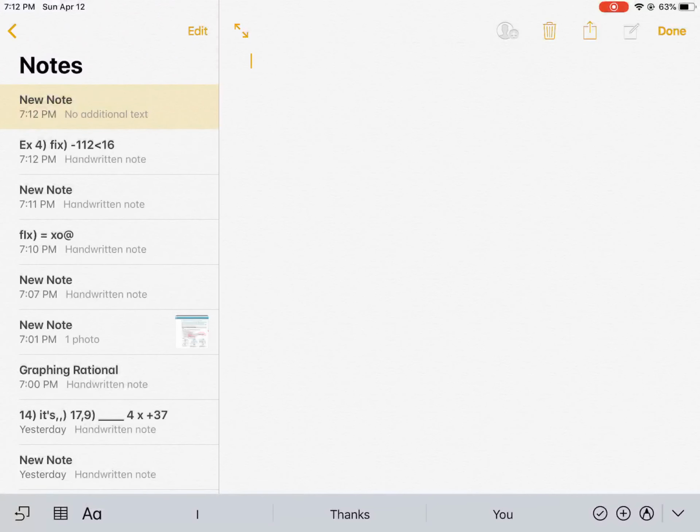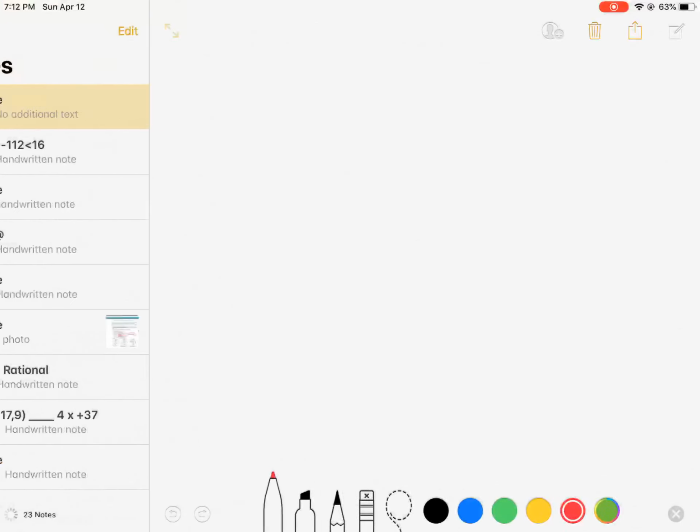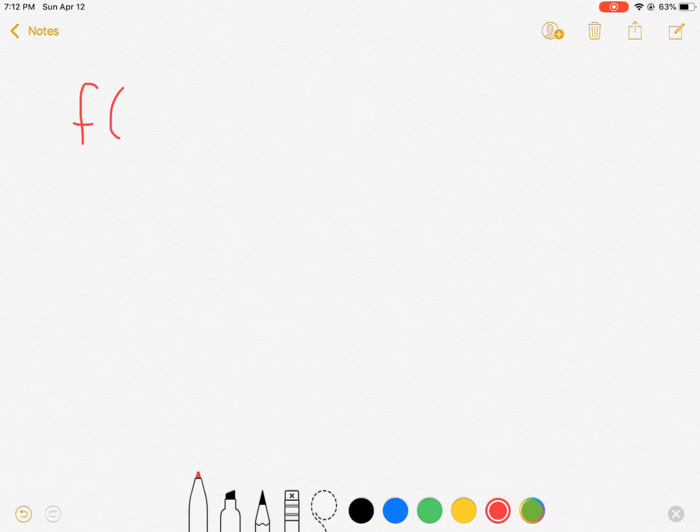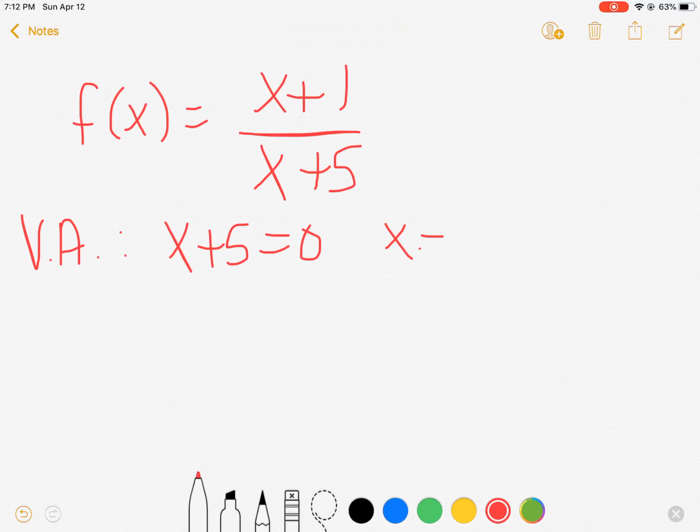Let's look at one where we would have a horizontal asymptote where the numerator and the denominator are the same degree. So if I had x plus 1 over x plus 5, for example. For my vertical asymptote, I would take the x plus 5 and set it equal to 0, and see that x equals negative 5 is my vertical asymptote.